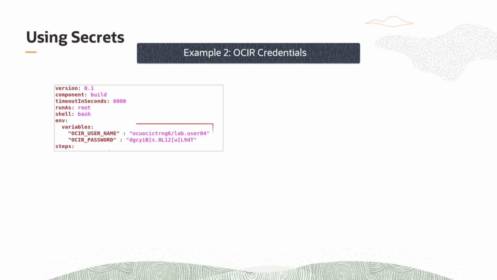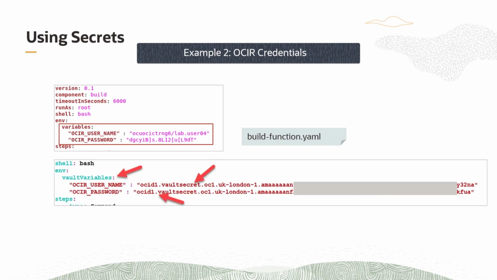In this Oracle Functions example, instead of defining hard-coded variables used to connect to the OCI container registry within this YAML configuration file, I replace them with Vault variables which are set to the Oracle Cloud IDs of those two secrets in my Vault, which is the username and password.